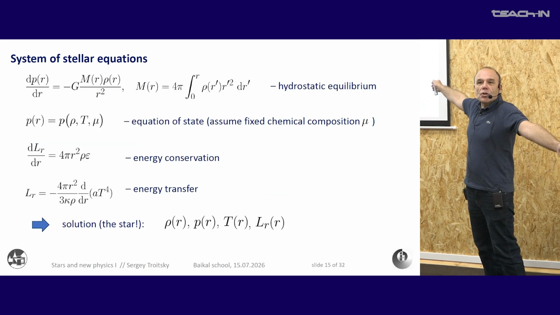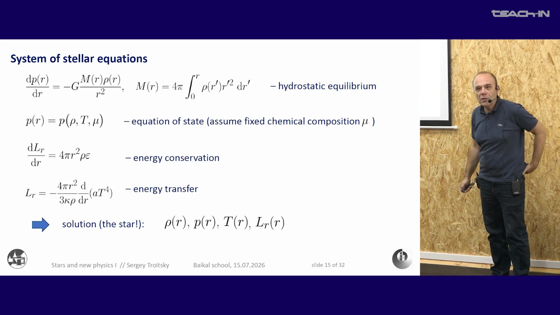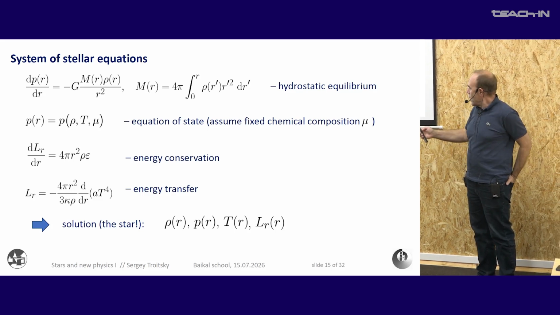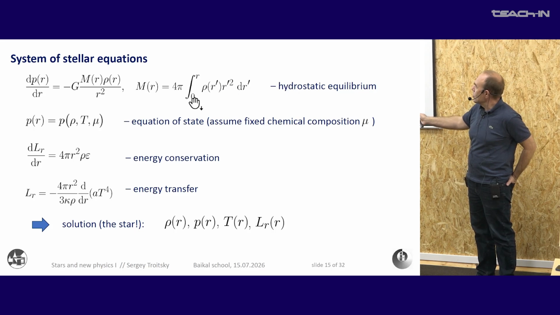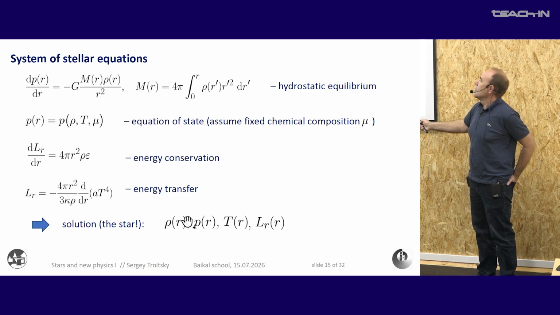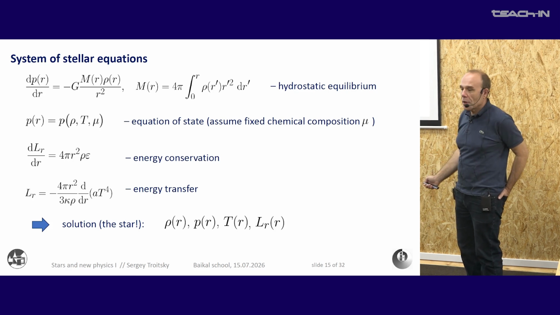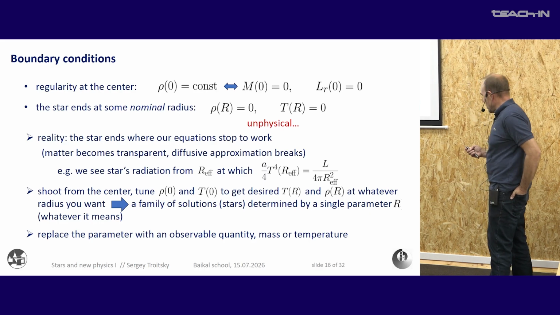Now, please enjoy. This is a system of stellar equations. There are 4 stellar equations, and this one is an important relation determining the mass. So this system is nonlinear, as you see, and actually it is strongly nonlinear, but it is a first-order system.